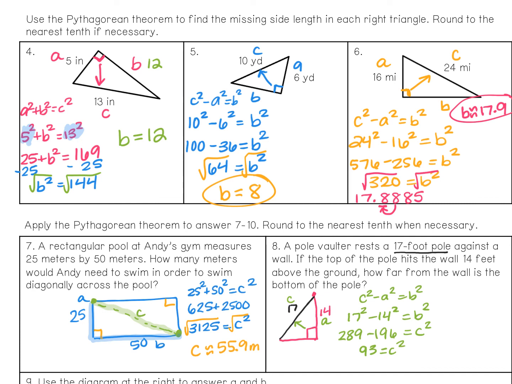And my last step, as always, is to take the square root of both sides. I know that 93 is not a perfect square, so it's going to give me a decimal answer, and I'm going to round it to the nearest tenth. I get 9.643. That 4 is going to leave that 6 how it is. So B is approximately 9.6. So it would be 9.6 feet away from the bottom of the wall.